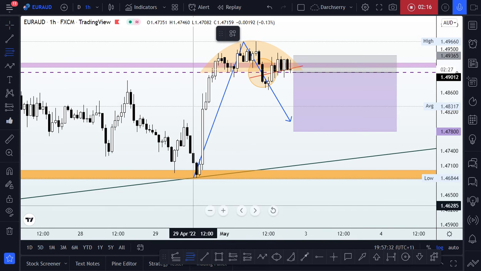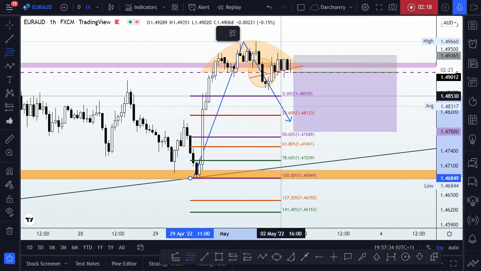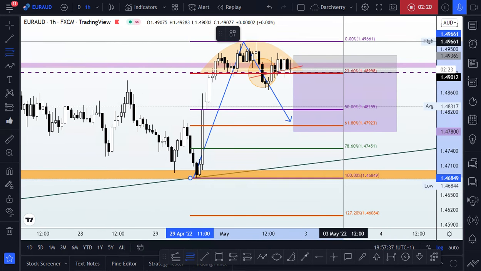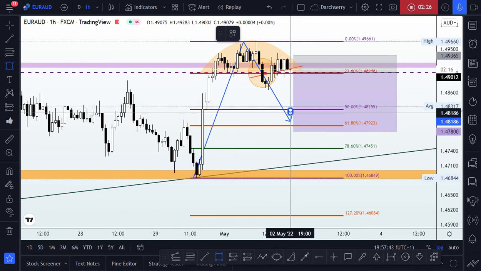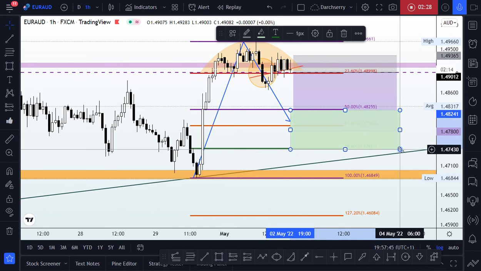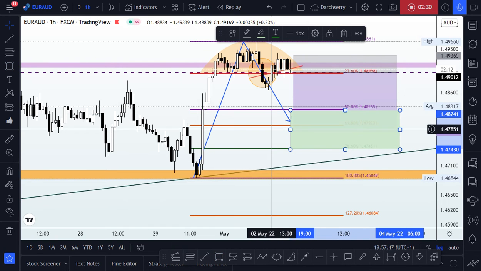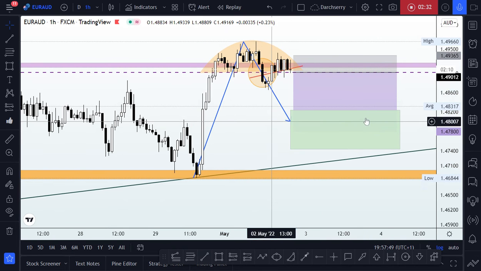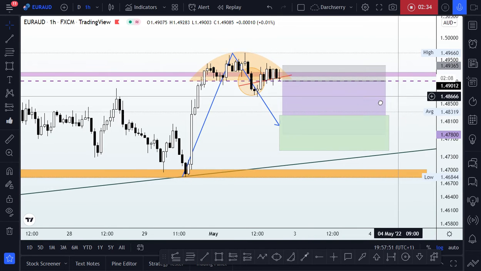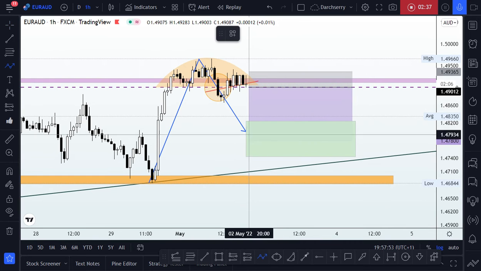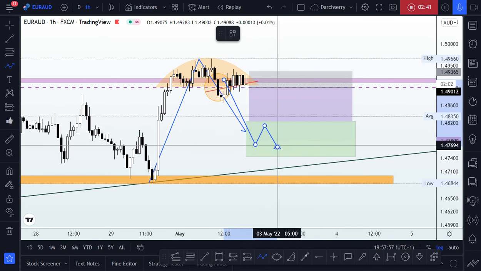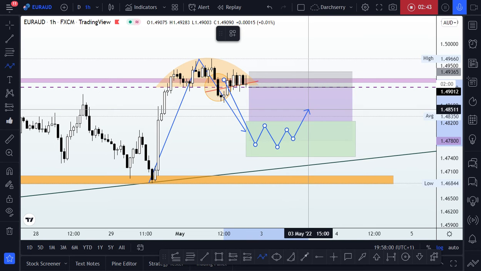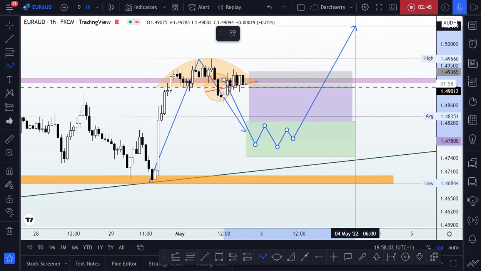So if we pull out our retracement tool and run it through the length of the impulse leg, we are going to have our golden zone around this area, 50 and 78.6. From this area, we might be expecting the bullish continuation after price does a reversal setup around the zone to set price going to the upside.